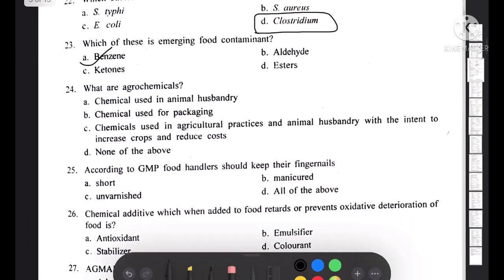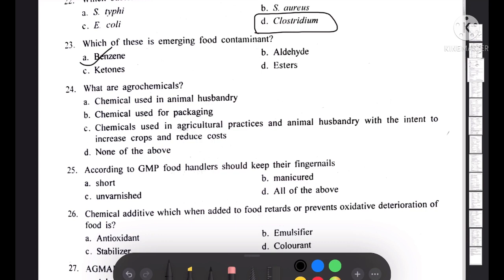Next, what are agrochemicals? The term agrochemical is used as a generic term for the chemical product or pesticides used in agriculture. These include herbicides, fungicides, insecticides, also synthetic fertilizers, hormones, and soil conditioning agents.